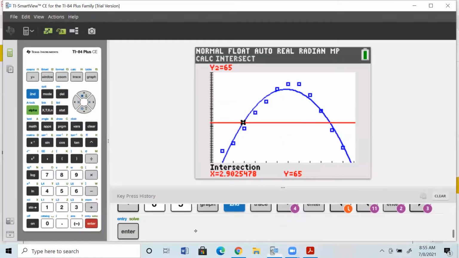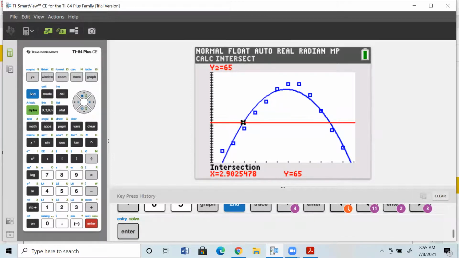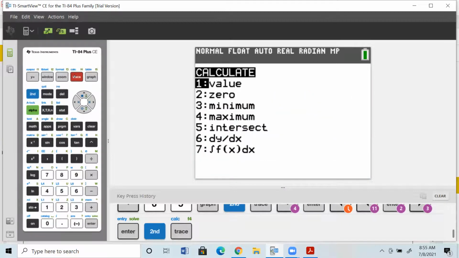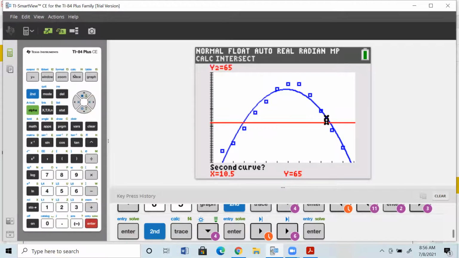We go back to our graph. There's another ordered pair where this occurs, where y is equal to 65. If we want to find this point, we're going to say second calc, go down to option number 5 for intersect, go over to the right, hit enter, changes to the red line, hit enter. When it says guess, hit enter again.